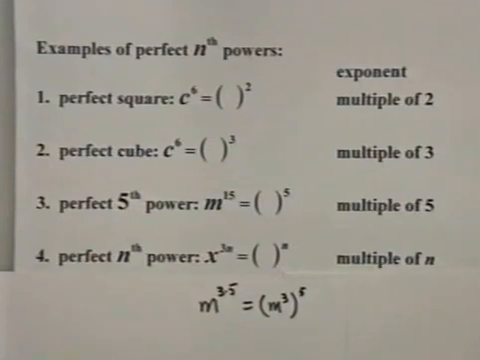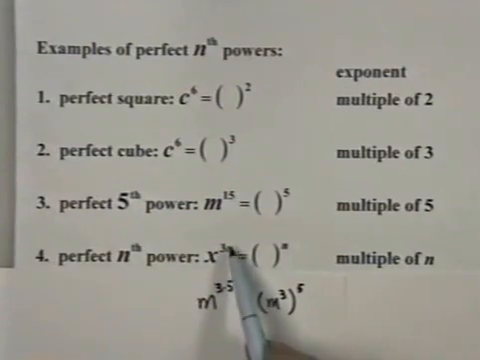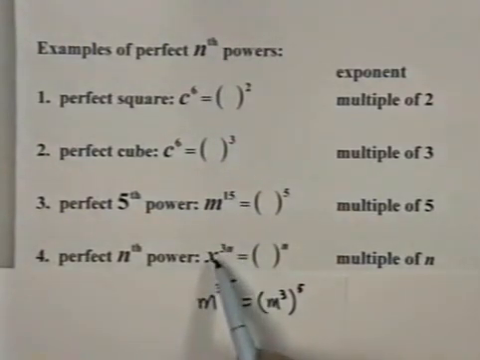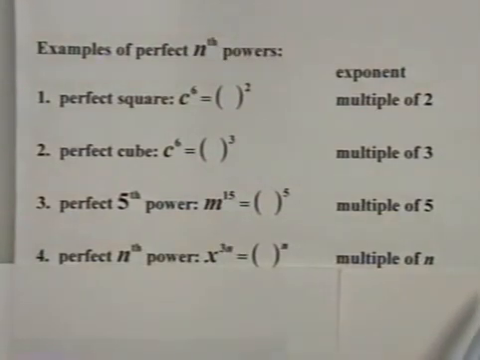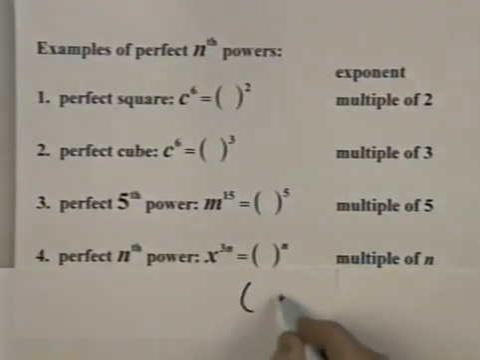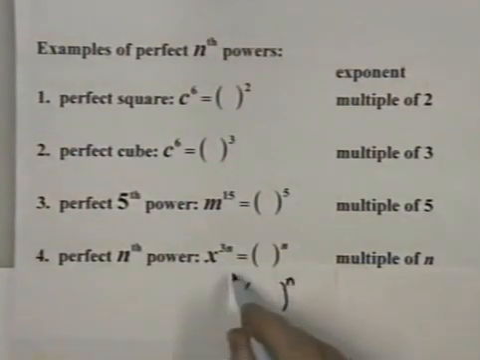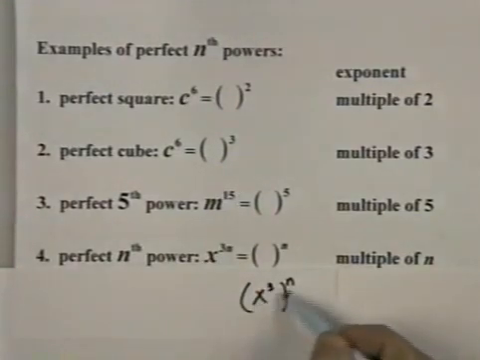Or in general, if you have any exponent that has a factor, a multiplier of n in it, then that power can be written as a perfect nth power, because I can now replace inside the parentheses, in this case it would be x cubed, and write that as the nth power of, in this case, x cubed.